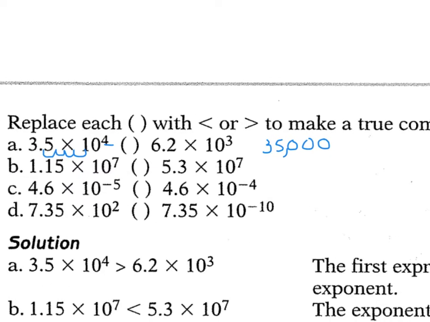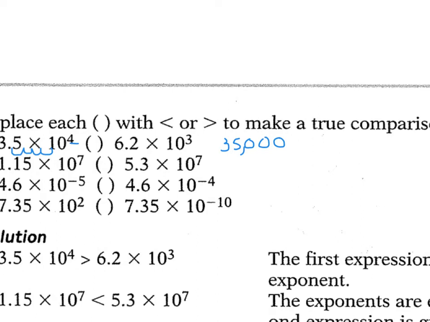So 35,000. Our next number, we're going to move our decimal 3 places to the right. So we have 1, 2, 3. So here we would have 2 zeros. So 62 and 2 zeros. So this would be 6,200. 35,000 is bigger than 6,200, so we would put a greater than sign there.